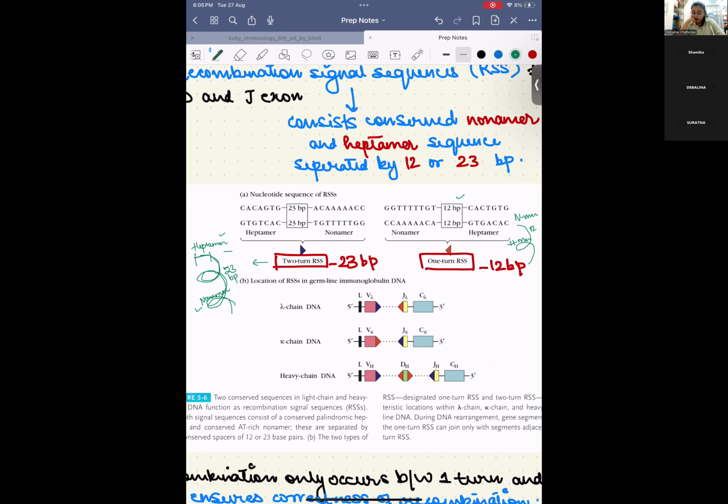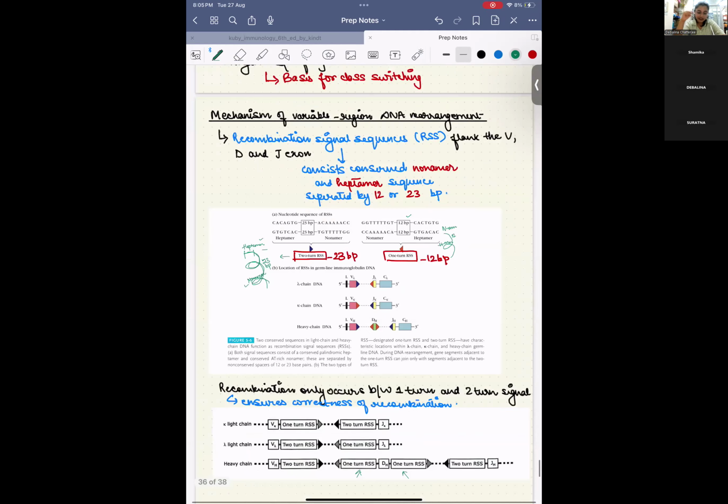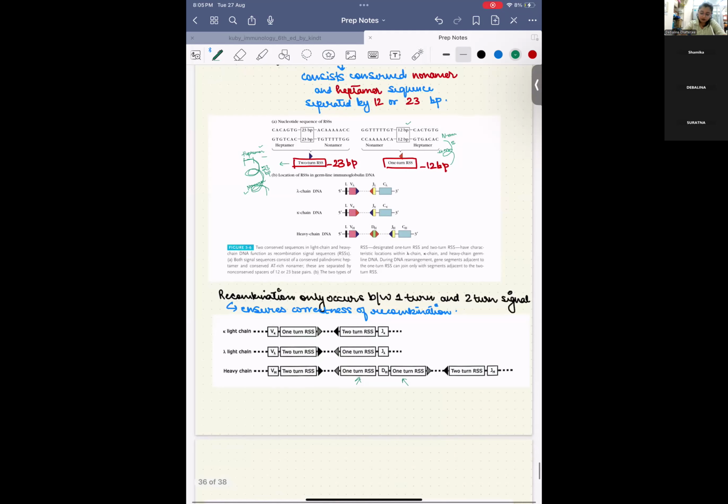Now, whenever we have a two-turn RSS sequence, the recombination can occur only between a one-turn sequence and a two-turn sequence. It is never going to be that the recombination is happening between two one-turn or two two-turn sequences. So what does this mean?